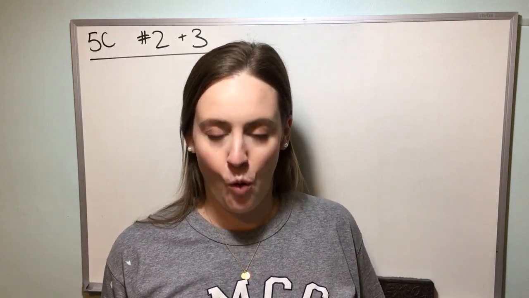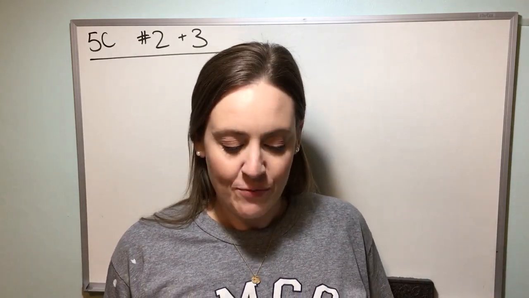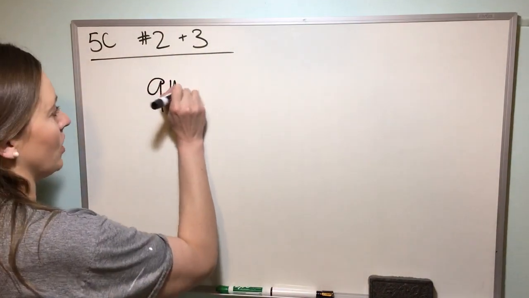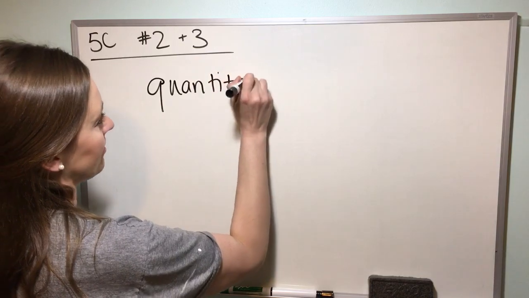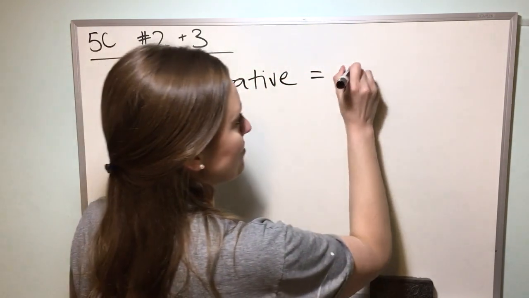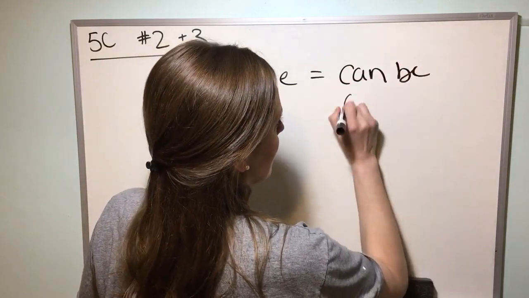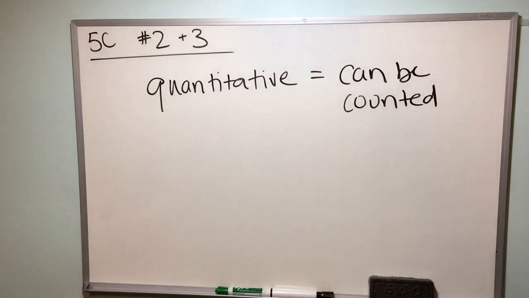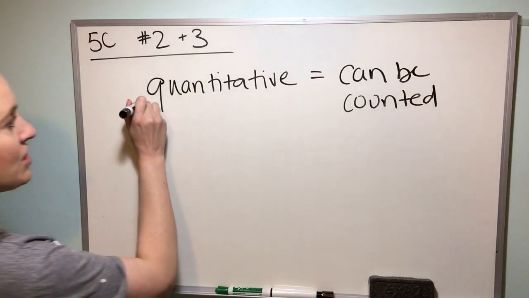Numbers, right? Quantity, how many are there? So anything that's quantitative, just like our reasoning, is something that can be counted, or has some sort of a numerical value.